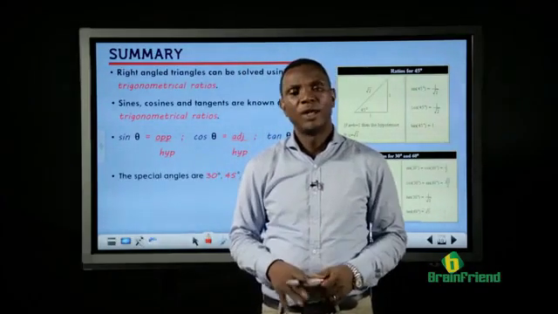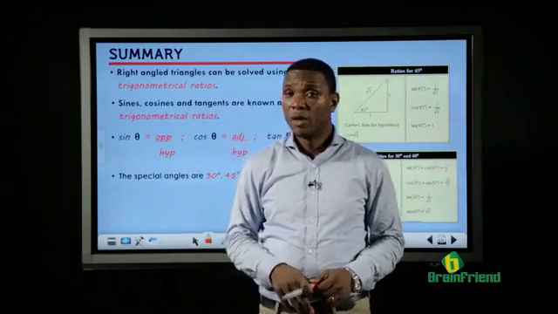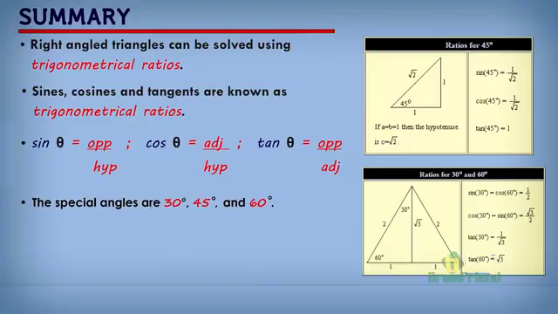But before we go, let's take a quick recap to remember all that we've learned. Today we learned that right-angled triangles can be solved using trigonometrical ratios. We said very popular ratios that we have are sines, cosines, and tangents.